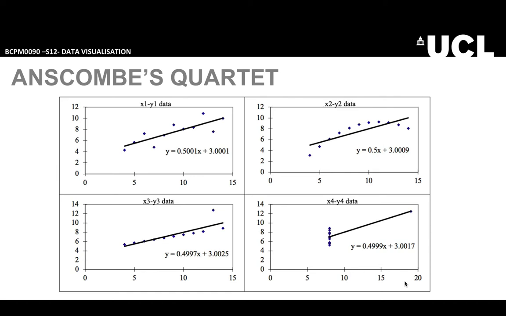So dataset number 1 fits the linear regression model pretty well. Dataset number 2 could not fit the linear regression model quite well because the data is non-linear. And datasets 3 and 4 show outliers which cannot be handled by a linear regression model. So the conclusion here is that we are describing four different datasets that were intentionally created to show the importance of data visualization and how regression algorithms can be fooled.